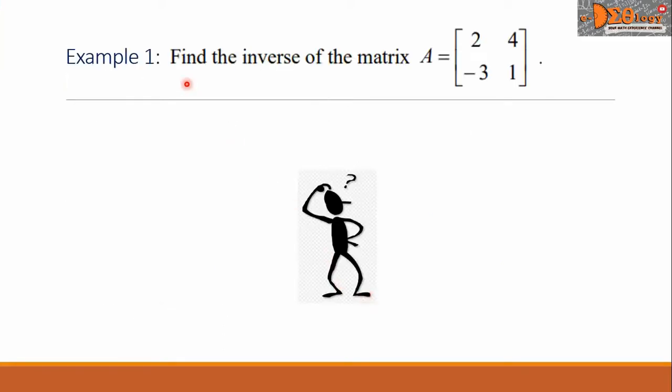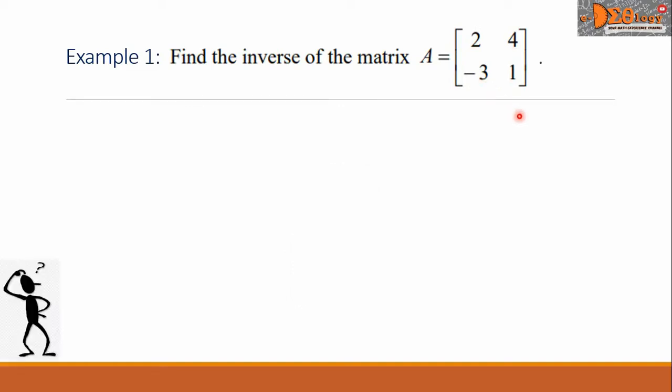Example 1. Find the inverse of the matrix A equals elements 2, 4, negative 3, 1 respectively. We write here the formula, then let us evaluate and substitute the corresponding values.